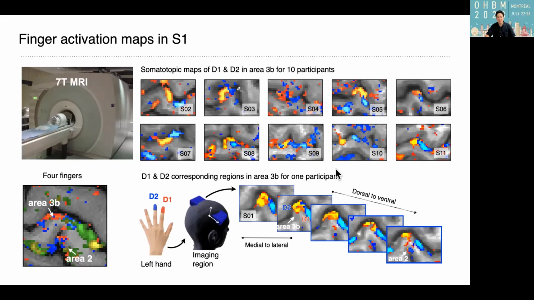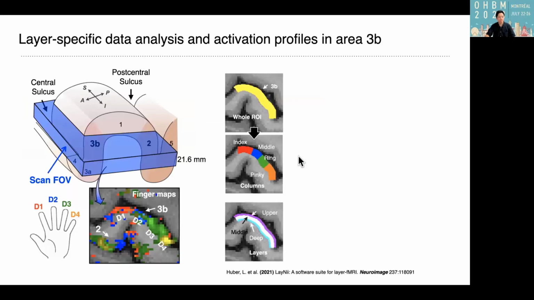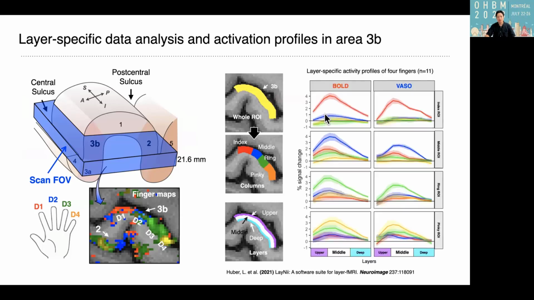And here is an illustration of S1, and the blue box indicates our scan volume. So after drawing the borderline of gray and white matters in area 3B, we calculated the layers using a linear package. So in each finger region, the peak response occurs in the middle layers.